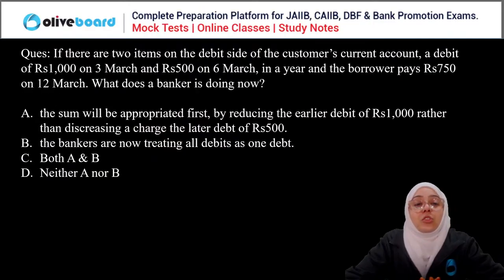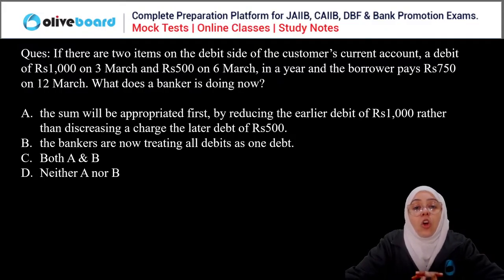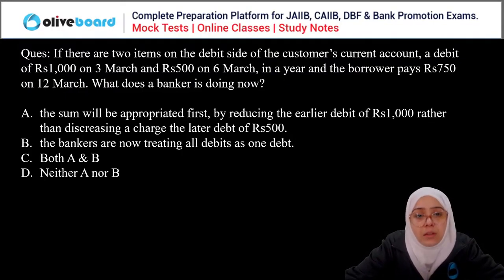Okay, good. Next question. Now, see this. If there are two items on the debit side of the customer's current account, a debit of rupees 1000 on 3rd March and 500 on 6th March, and the borrower pays 750 on 12th of March, what is the banker doing right now?